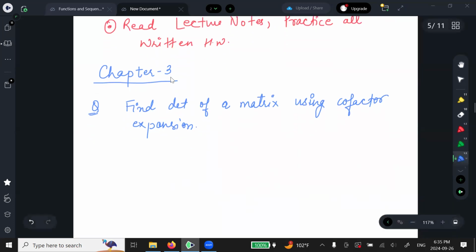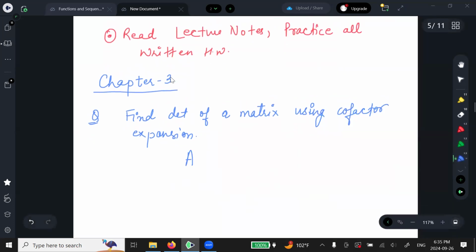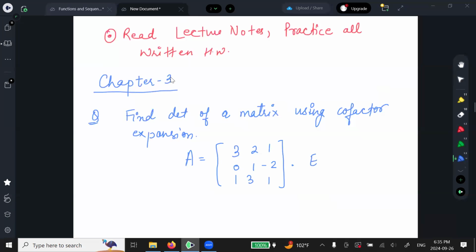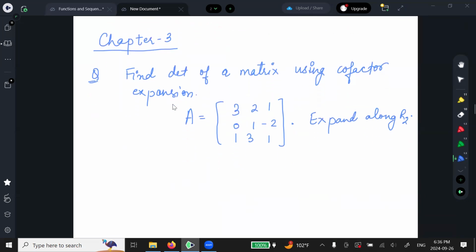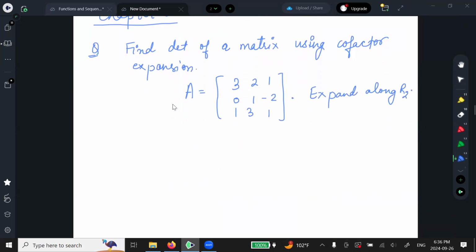For example, I give you this matrix again. A equals 3, 2, 1, 0, 1, negative 2, 1, 3, 1. And I tell you, expand along row 2. So you have to pick that row. Okay, what will you do? What's the formula? Good job.